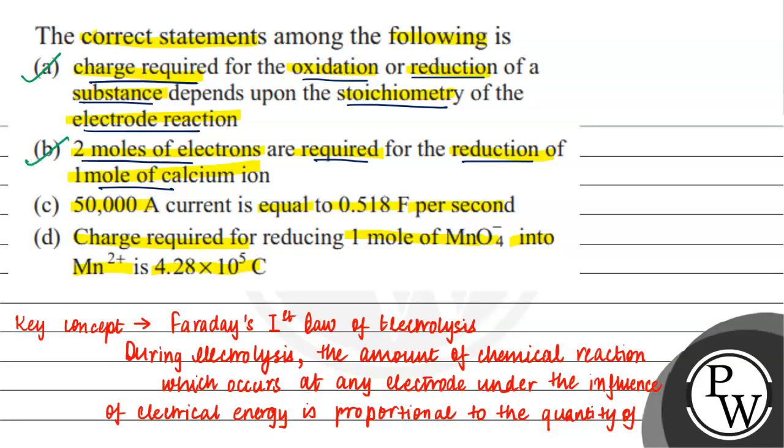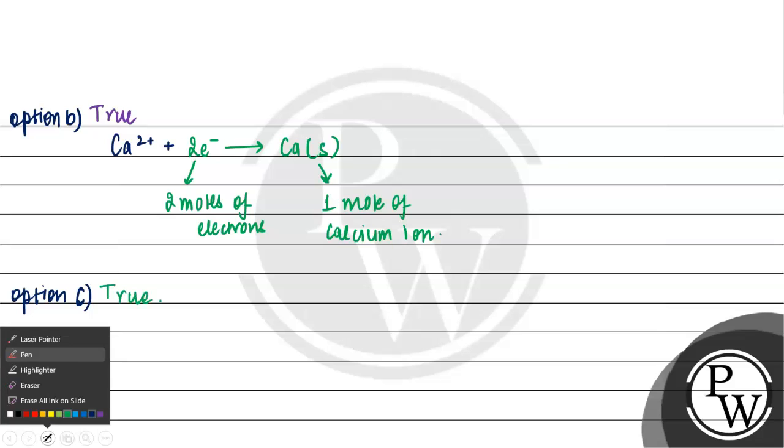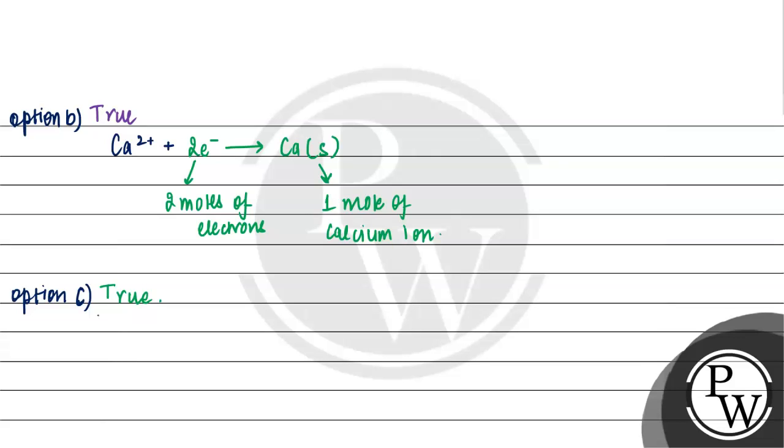Now let us look at the third statement. The third statement says 50,000 ampere current is equal to 0.518 Faraday per second. Option C is also true. If we explain it, we know that I is equal to Q divided by T, where I is current, Q is charge, and T is time.